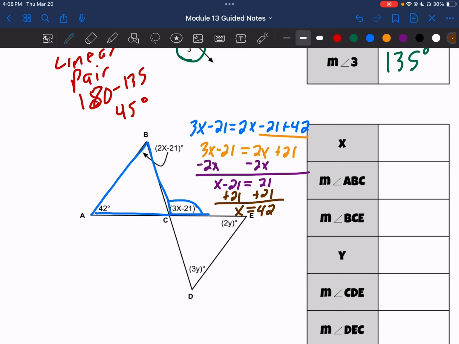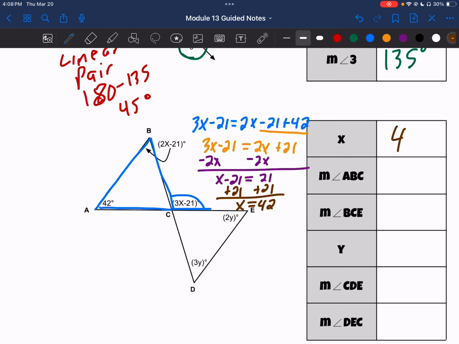All right, so we can start filling in our table. Our x value is 42. That's what we just calculated. So now we're looking for the measure of angle ABC. All right, so let me erase some of my drawings on our graph. We're looking for the measure of angle A to B to C. Right?